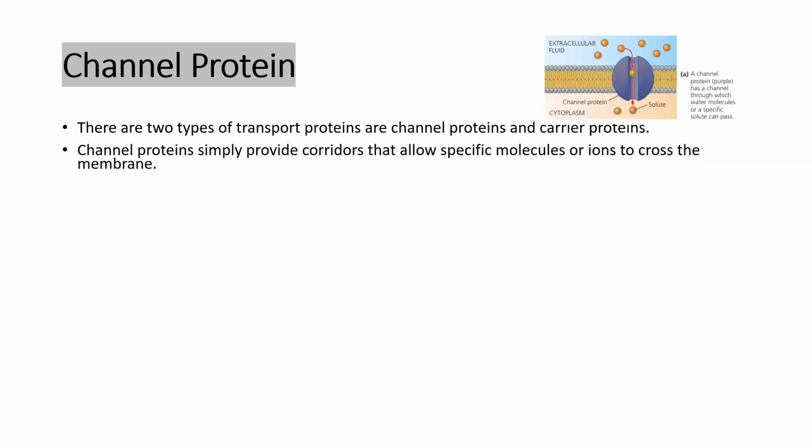So there are two types of proteins which are very important for facilitated diffusion. We are doing diffusion, but the diffusion is done with the help of protein, that is channel protein and carrier protein. Channel proteins actually give a passage so that specific molecules, large size or ions, can cross.